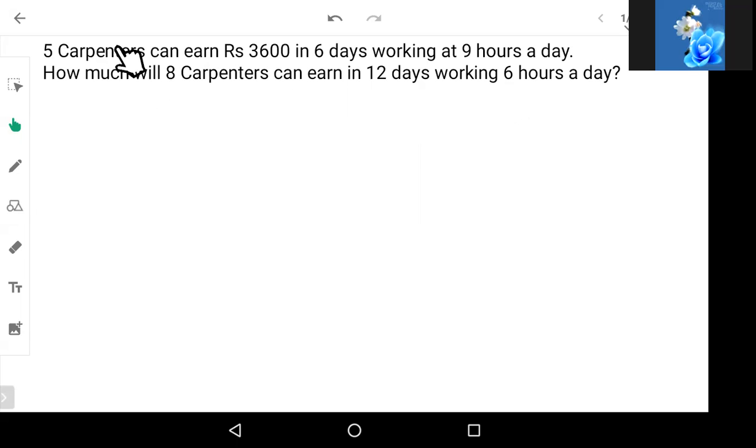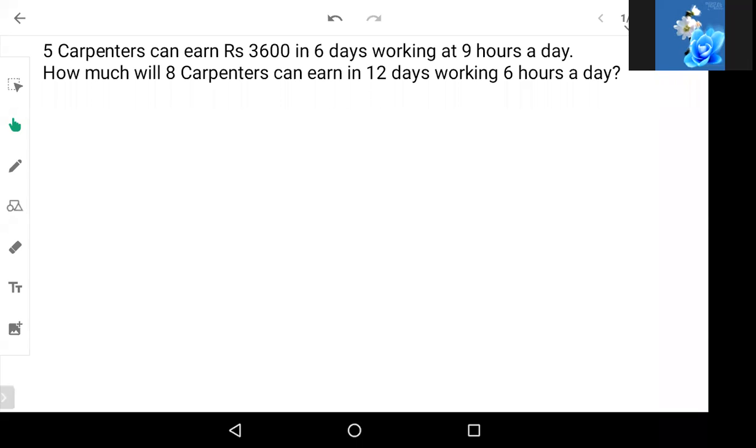The number of carpenters and the number of days, because hours is not the problem as of now. Since the work and earnings ratio is important to us, if the number of days increases, the earnings will also increase.